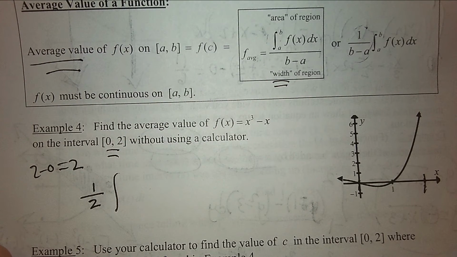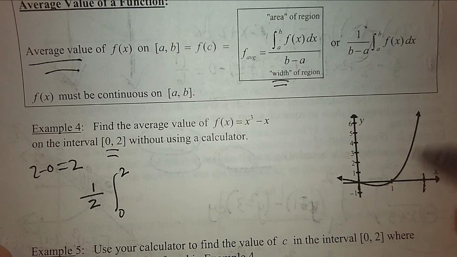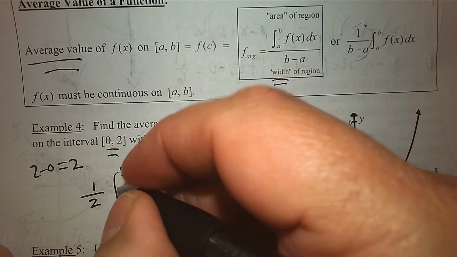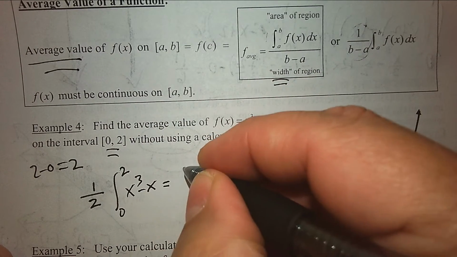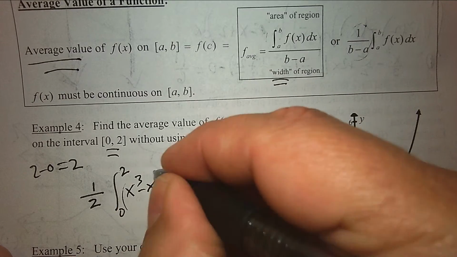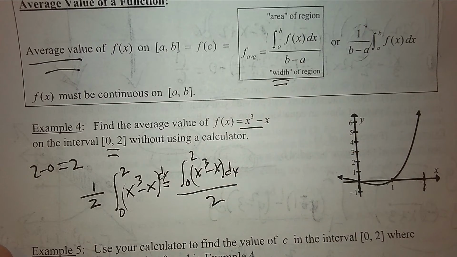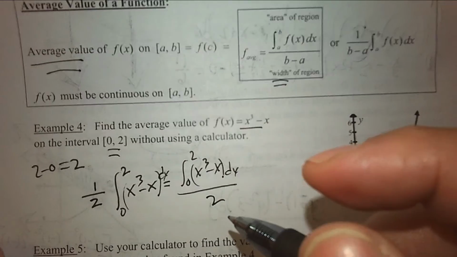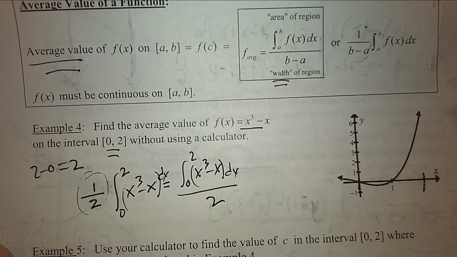Then we're going to integrate from A to B. In this case, it's from 0 to 2, and then you integrate the function, x cubed minus x. That means the same as from 0 to 2, x cubed minus x, and that should have a dx here. They're equal to each other, but it actually is nicer to integrate with a 1/2 in front than having the 2 in the denominator.